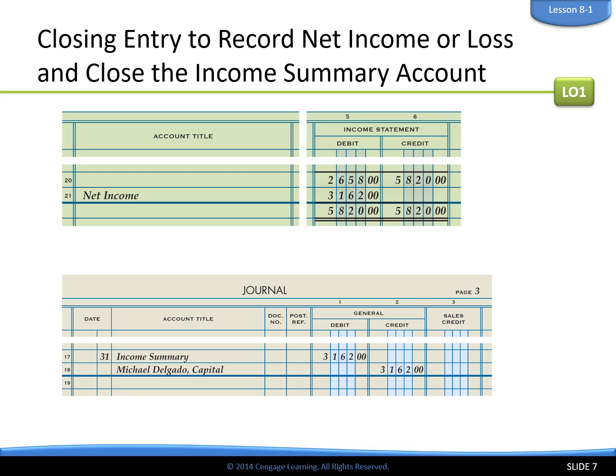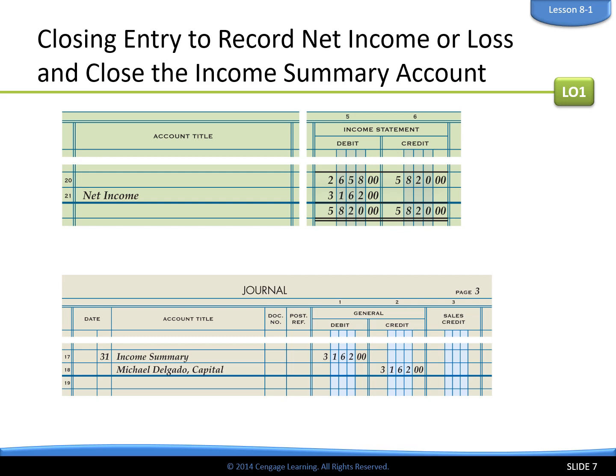So we have that total on our worksheet, 3,162. So we're going to take that amount and we're going to credit capital.